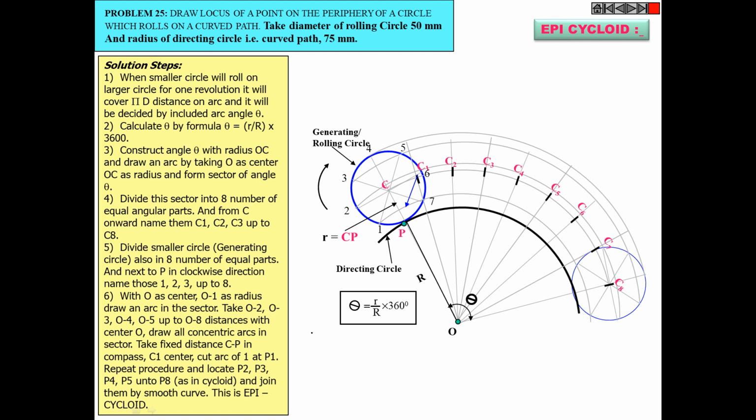Now, remember one thing, for the entire process, in order to mark those points P1, P2, P3, P4, length of the compass is always fixed, and that length is equal to the radius of the rolling circle, that is CP. Radius of the rolling circle, that is fixed. You take that much length. Fine. Now you want the second locus point corresponding to center point C1.